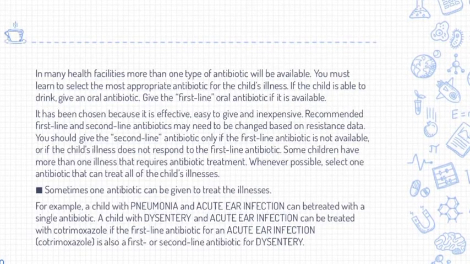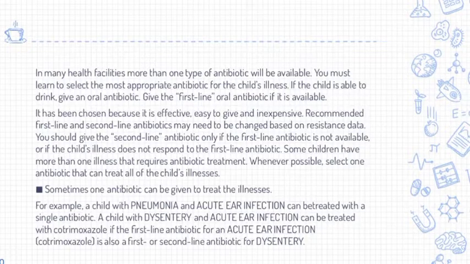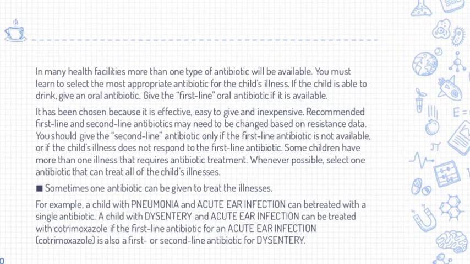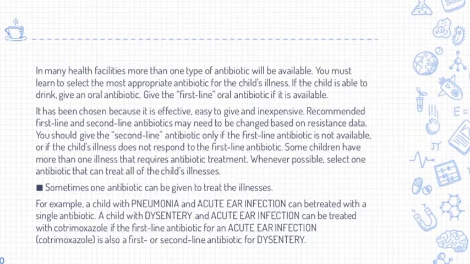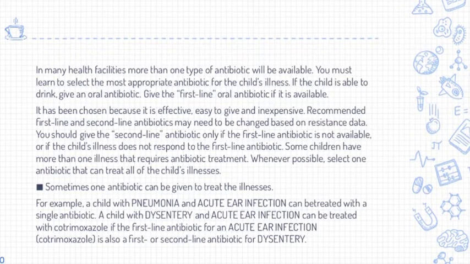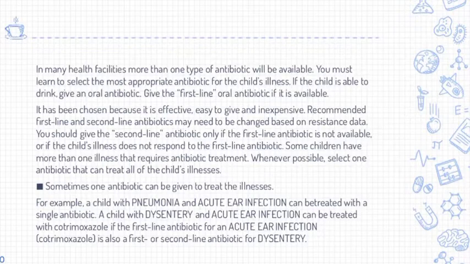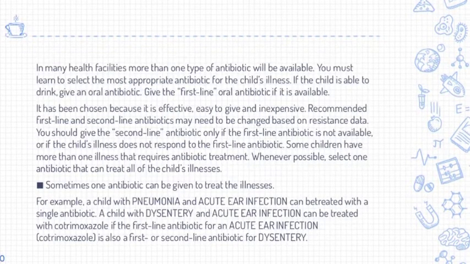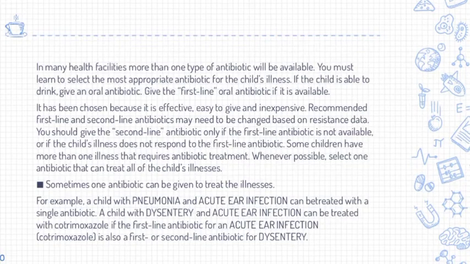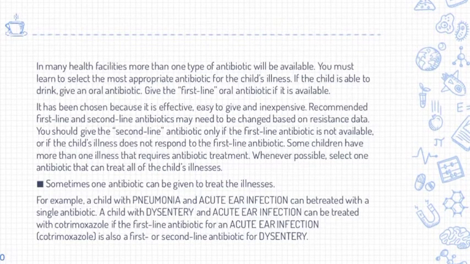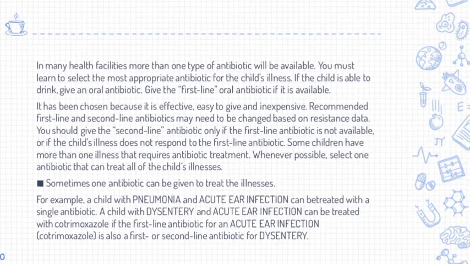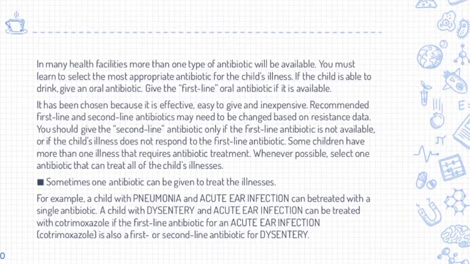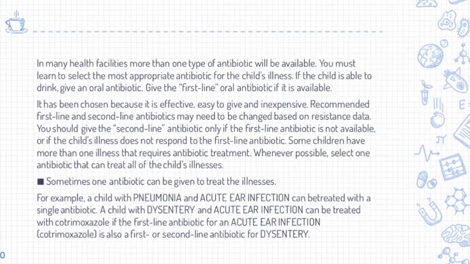If the child is able to drink, give an oral antibiotic, give the first line oral antibiotic if it is available. If the child is able to drink, you can give an oral antibiotic. After all, you cannot give an oral antibiotic to a child who cannot swallow tablets, right? So, if a first line oral antibiotic is available, that is what you give to the child.